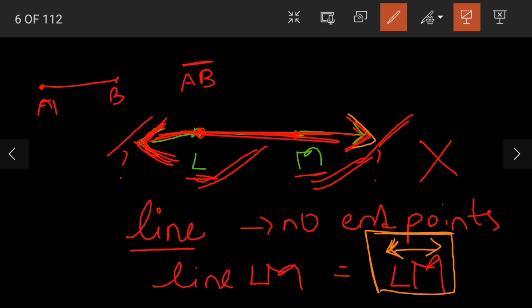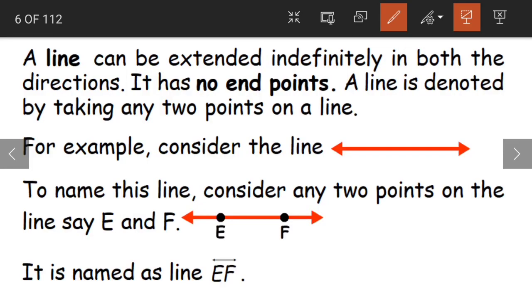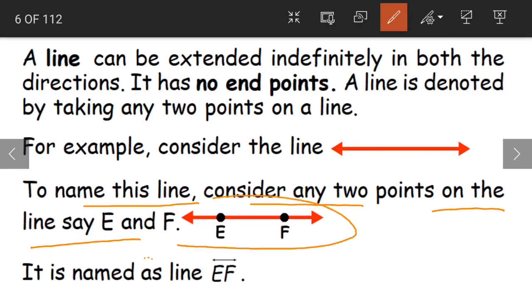A line can be extended on both the sides indefinitely. It has no endpoints. So how can we name the line? We name the line using any 2 points on the given line. Now, to name this line, consider any 2 points on the line, say E and F. Yes, this is another line.